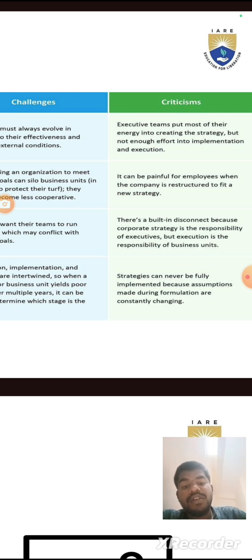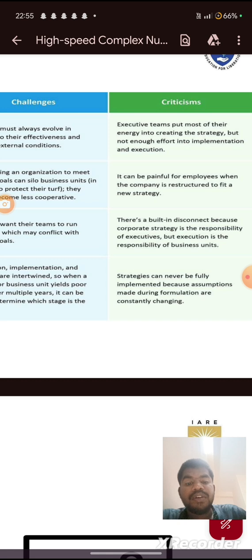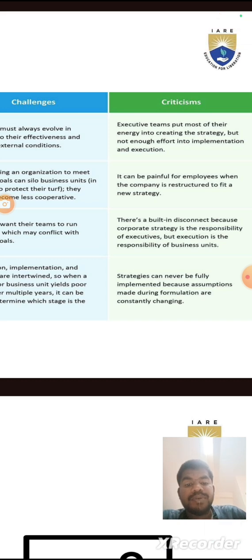There is a built-in disconnect because corporate strategy is the responsibility of executives, but the execution is the responsibility of business units. Strategies can never be fully implemented because assumptions made during the formulation are constantly changing.